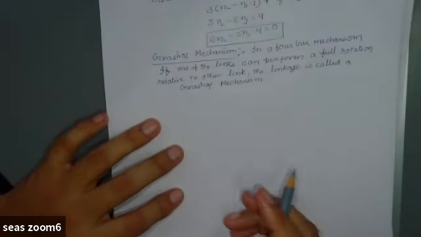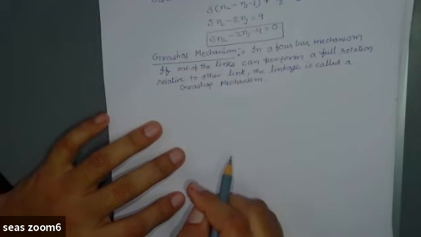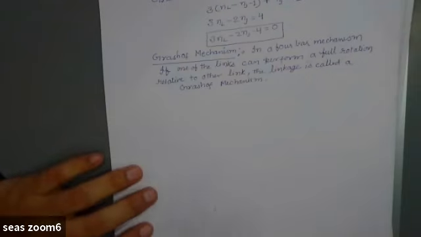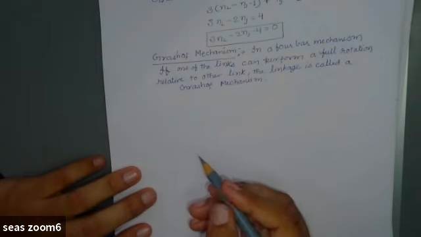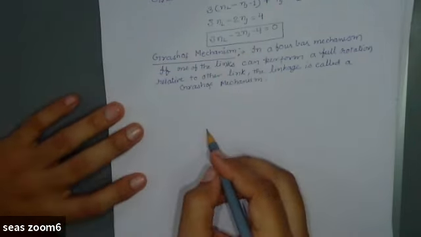So how to determine if a mechanism is a Grashof mechanism or not? It means whether at least one link can fully rotate or not. Let's consider limiting conditions of a 4-bar mechanism.